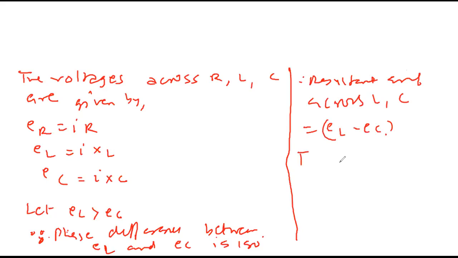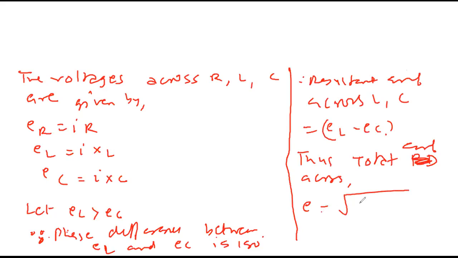Thus, the total potential difference or total EMF, E, will be the root of ER square plus (EL minus EC) square.